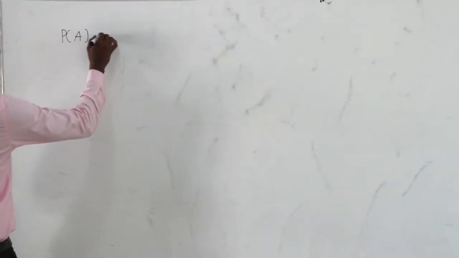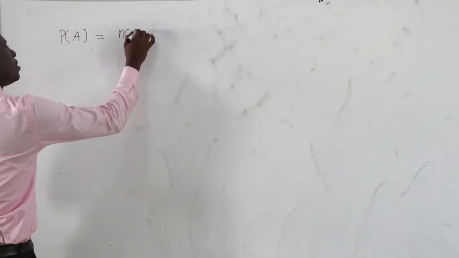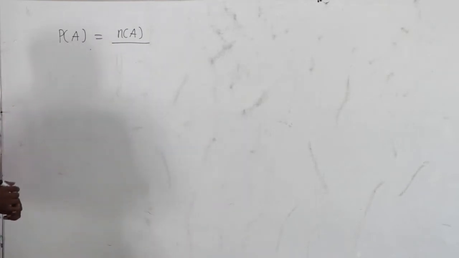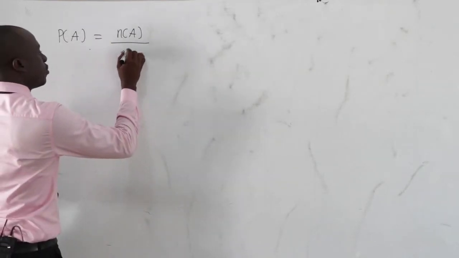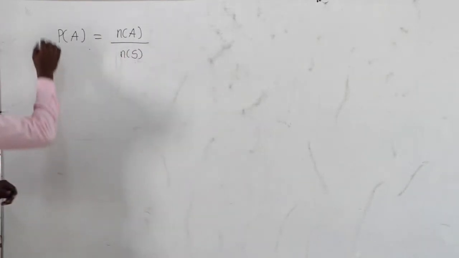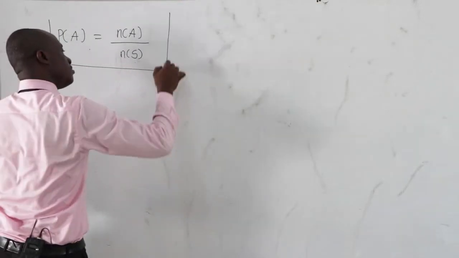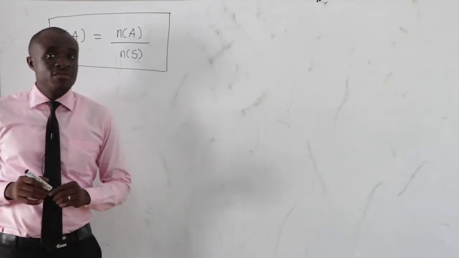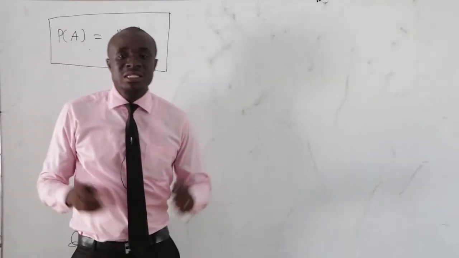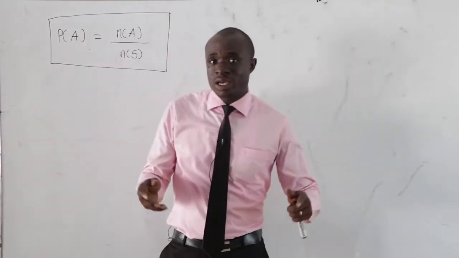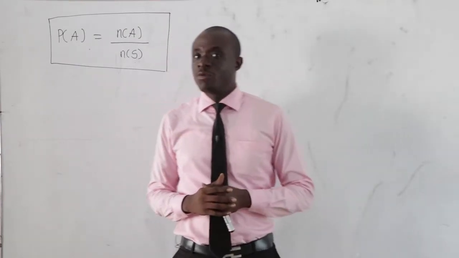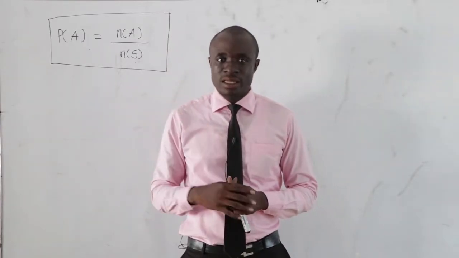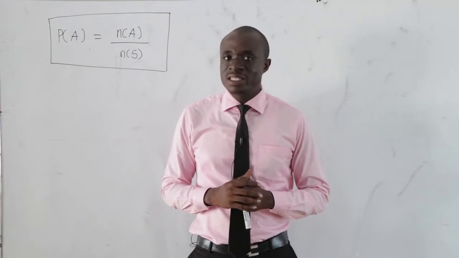So in simple terms, we are saying that the probability that an event occurs is the number of ways in which A occurs, all over the number of the sample space. Now, we say that the probability that an event A occurs is the number of ways in which event A occurs, expressed as a fraction of the number of ways in which all equally likely events, including the event A, occur.